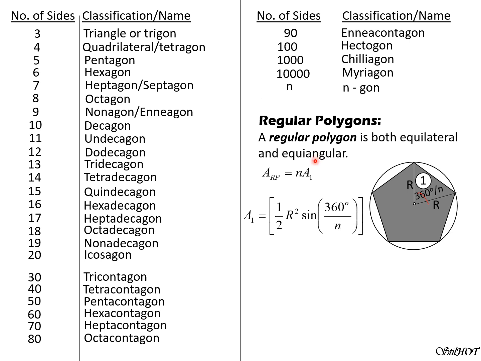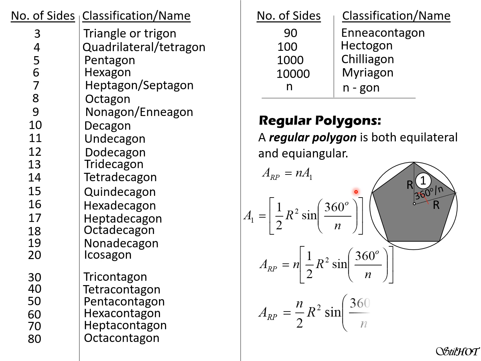So the area of the regular polygon is equal to n times the area of one isosceles triangle. A regular polygon is both equilateral and equiangular: equal sides and equal interior angles.